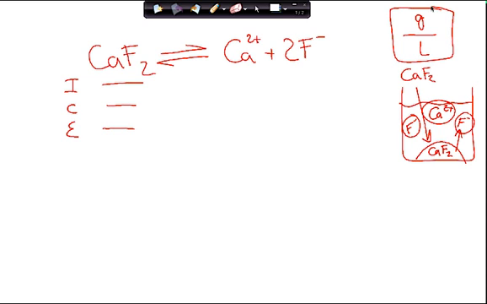So, traditional icebox, what do we know the initial concentrations are? 0. Now guys, be careful. This is where this will get you. As this falls apart, how much calcium will we get? X. How much fluoride will we get? Good. 2x.